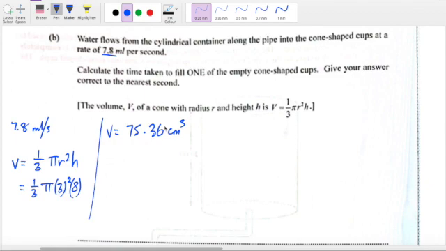We should change that to liters or milliliters. We know we had to divide by 1000, so that'll be 0.07536 liters, and 1000 milliliters is 1 liter.